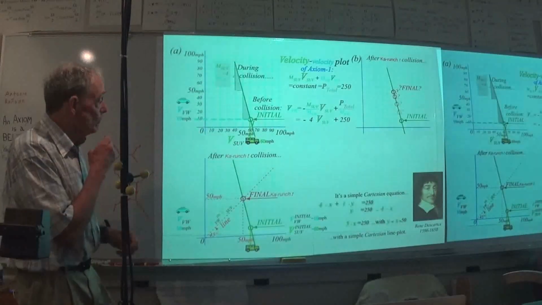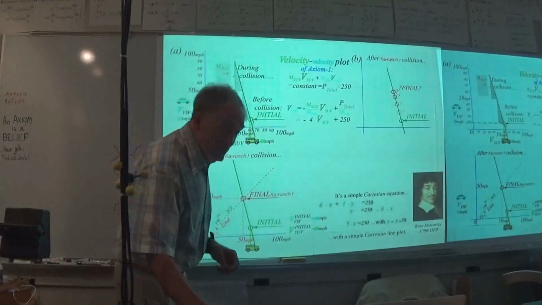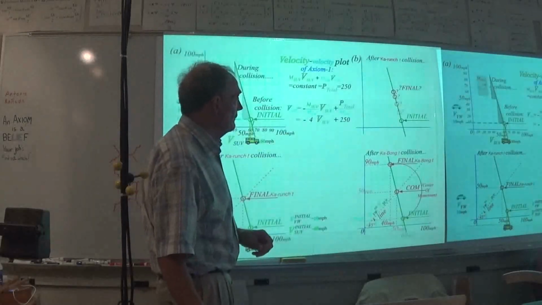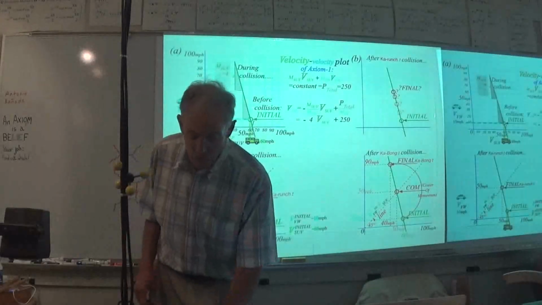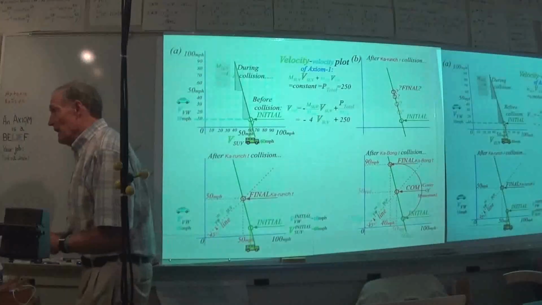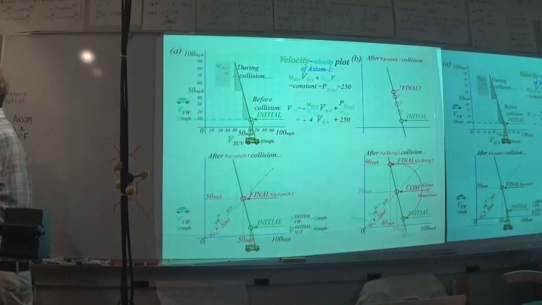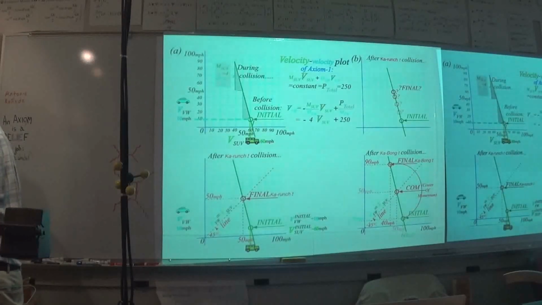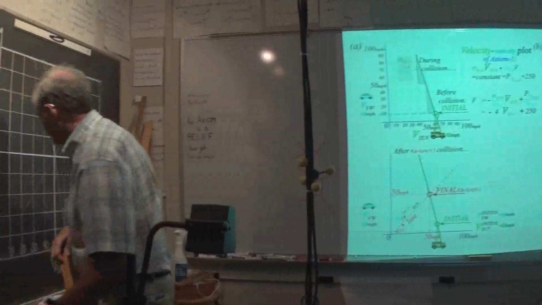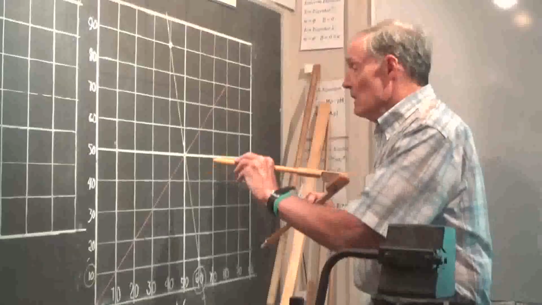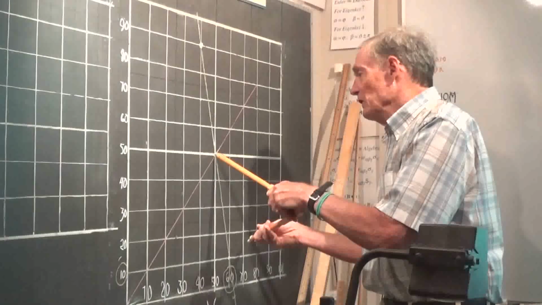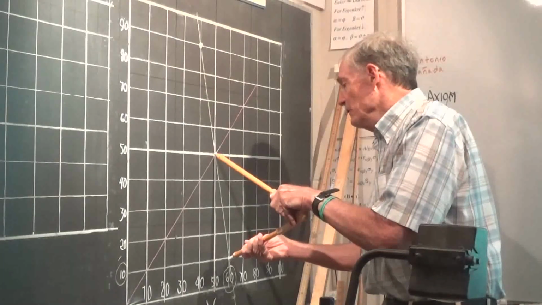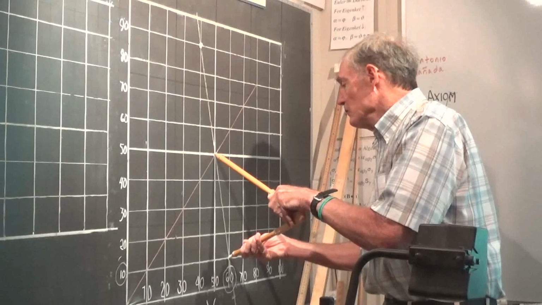So that's what we're going for here. And this is where the compass comes in, because what I need to do is draw a circle around this crunch point right here. And I'll go ahead and do it. But later on, when we do a lot of these collisions all at once, we're going to have to speed this process up a bit and not draw the whole circle.